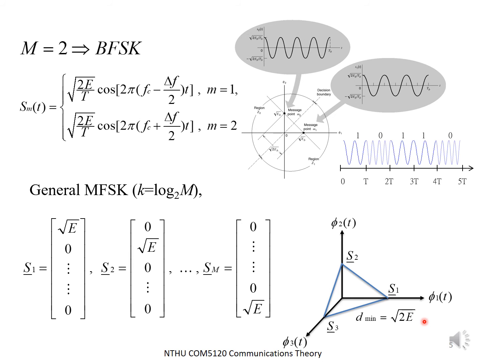Okay, so that is MFSK. We have M carrier frequencies, and that makes M orthogonal bases in the M-dimensional signal space.